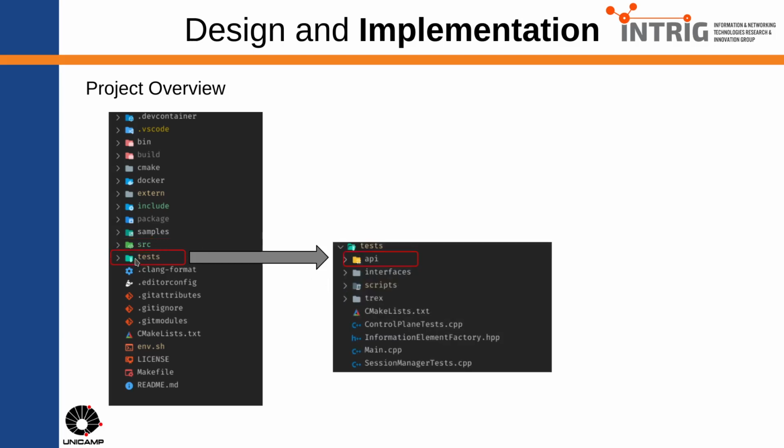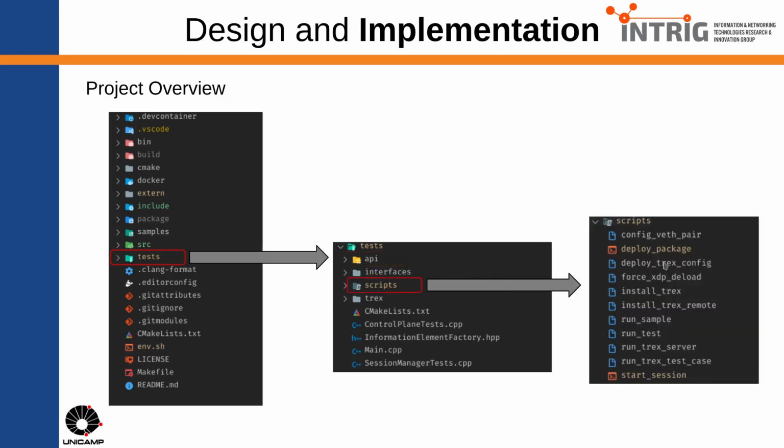There is also a test folder that has an API. This API was developed for testing. It wraps the UPF BPF library. We use this API for the tests. I will explain later.